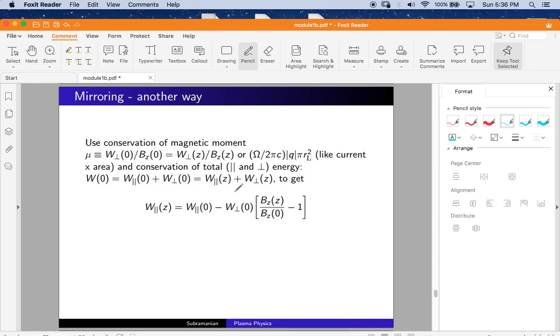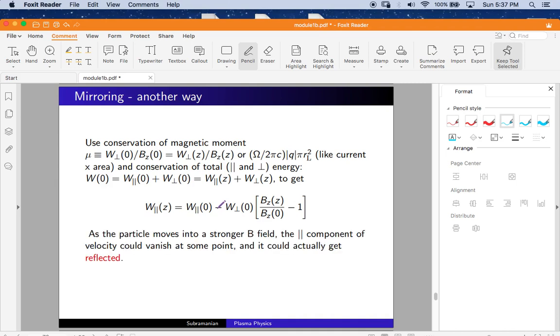And you play a little bit of algebra, of course also using this, to get this formula. So the parallel energy at a z is equal to the parallel energy at 0 minus like so. It all depends upon this gradient. And in particular, when you put z equals 0, this entire term goes away.